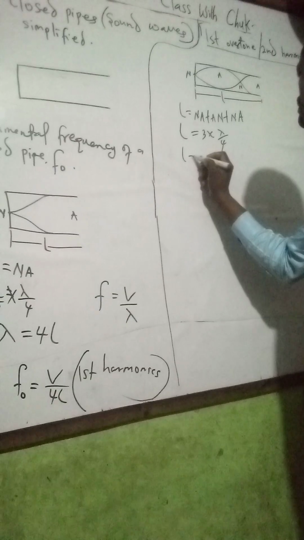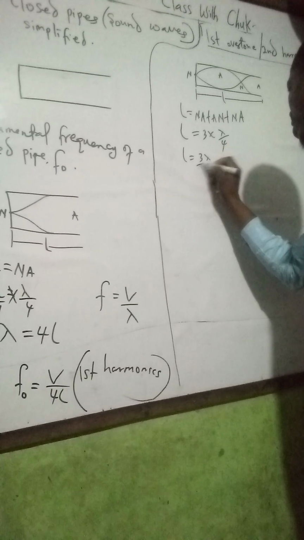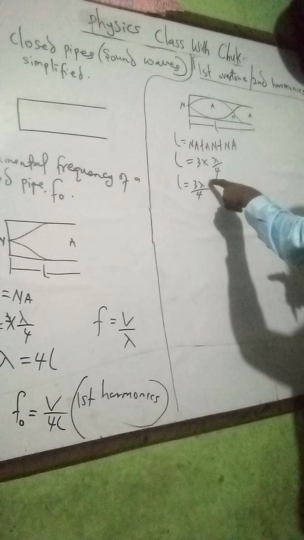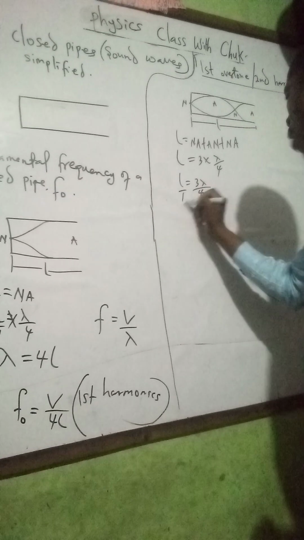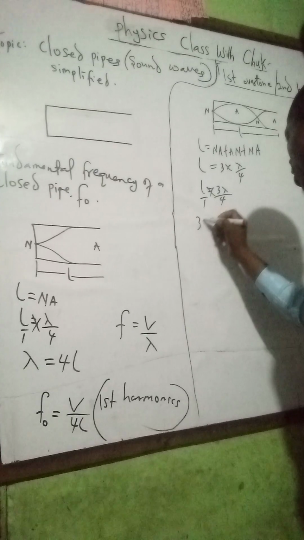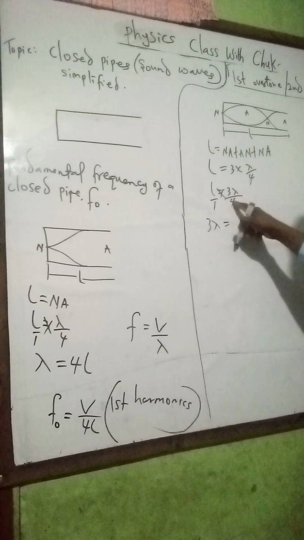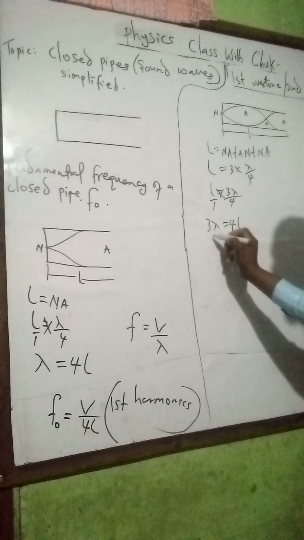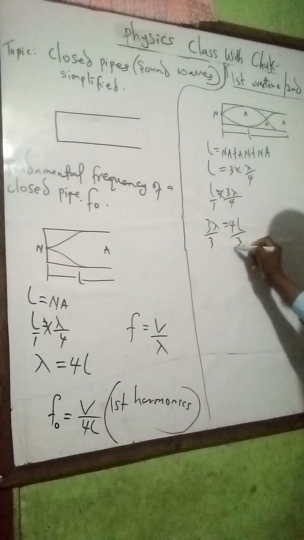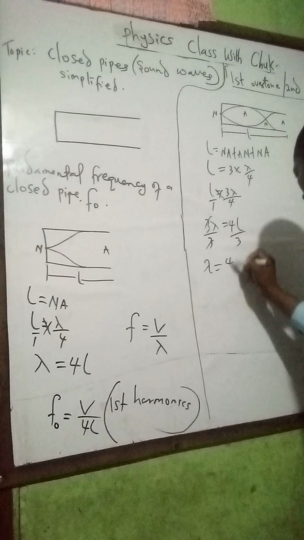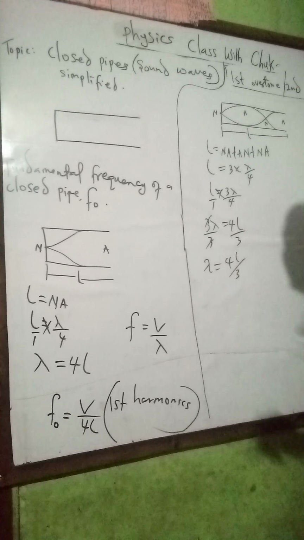And that will be L equal to 3 wavelength over 4. I want to get the value of wavelength, so I will cross and multiply. 1 times 3 wavelength is 3 wavelength equal to 4 times L, which is 4L. Now let me divide by 3. So I've gotten my wavelength to be equal to 4L over 3.